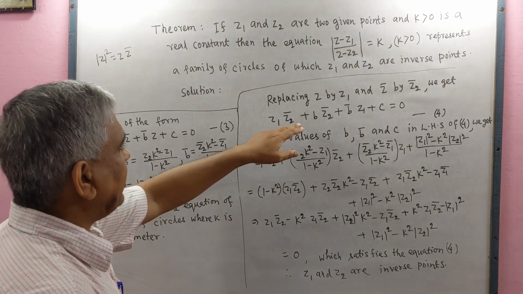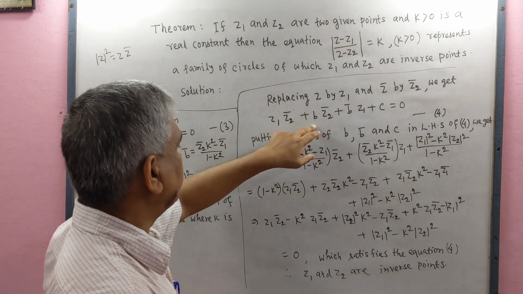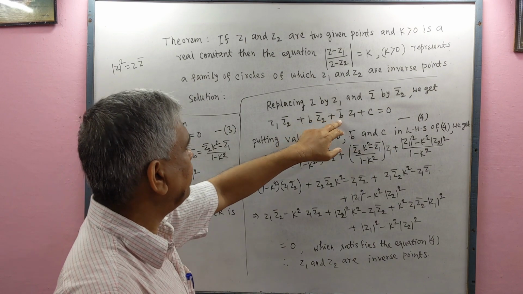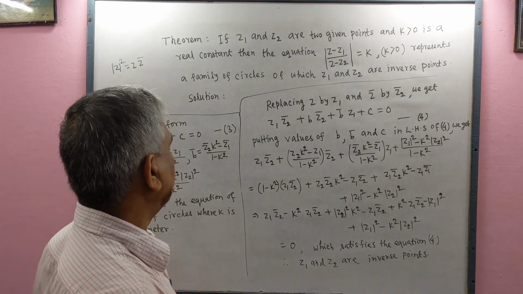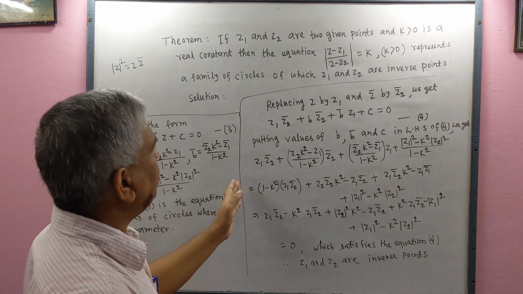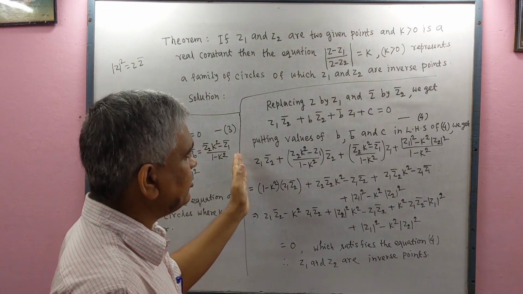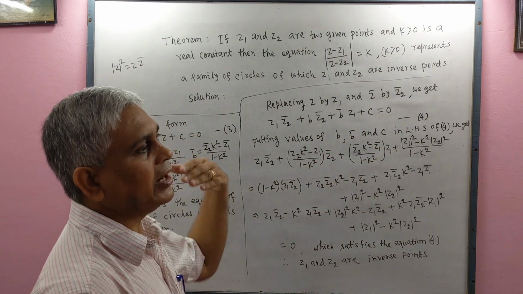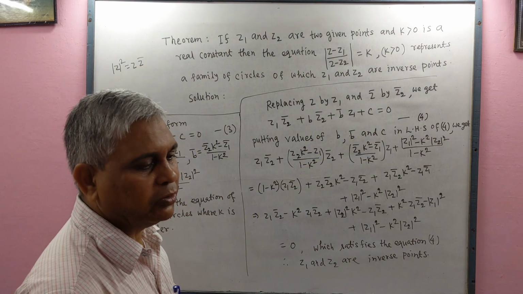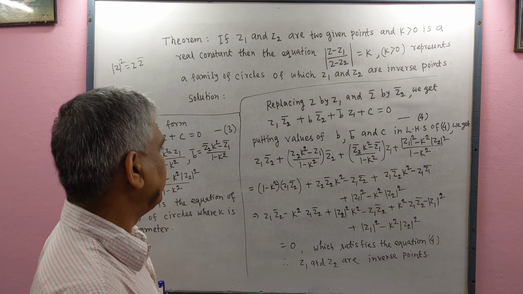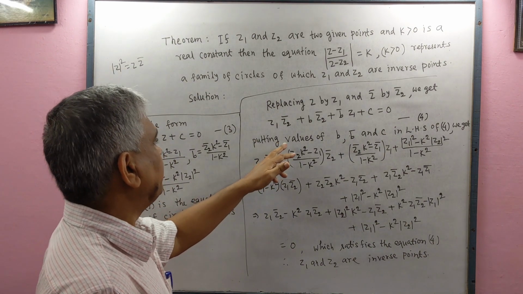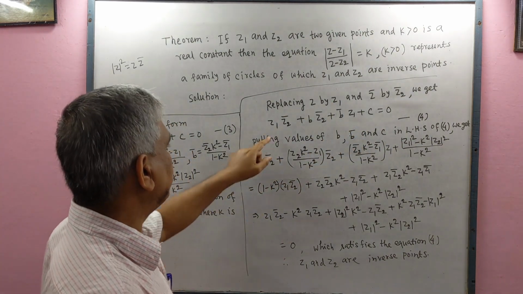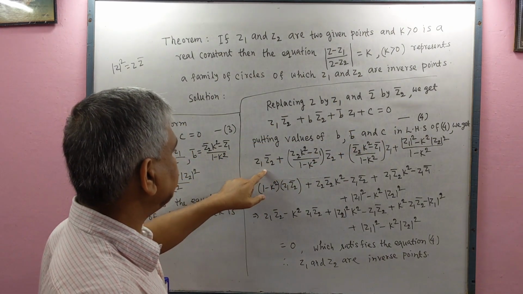Now we take left side of equation 4. Here we put the value of B, B bar and C. And if left side gives 0, then it will be equal to right side, and in that case Z1 and Z2 will be inverse points. Putting the values of B, B bar and C in left side of 4, here we get Z1 Z2 bar.